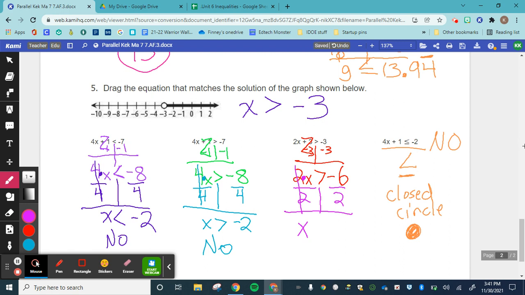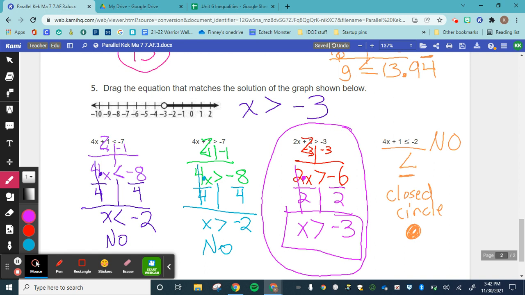Negative 6 divided by 2 is negative 3, and my inequality symbol does not change because I divided by a positive number. So I have x is greater than negative 3, so that is the correct solution. This is the correct solution that matches this graph.